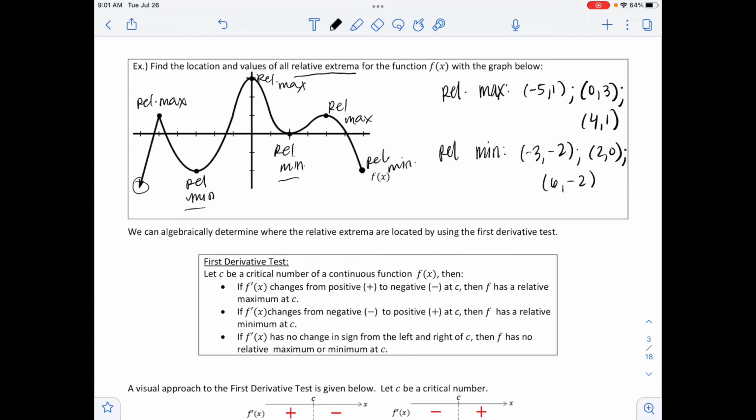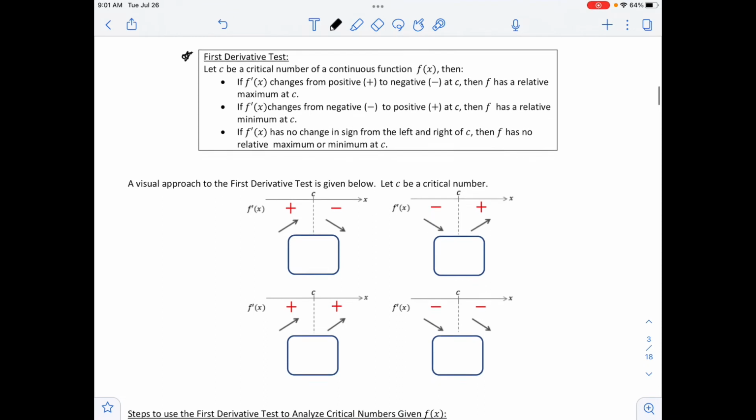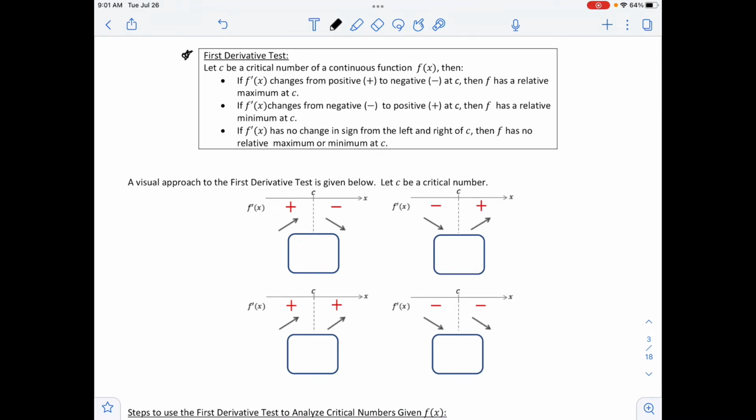So we can algebraically determine where the relative extremas are located by using the first derivative test. And so the first derivative test is listed right below. That says, let C be a critical number or critical value of a continuous function f of x. Then, if the derivative changes from positive to negative at C, then f is going to have a relative maximum at C. So if you think about this, going from a positive slope to a negative slope, you would have a relative maximum up there.